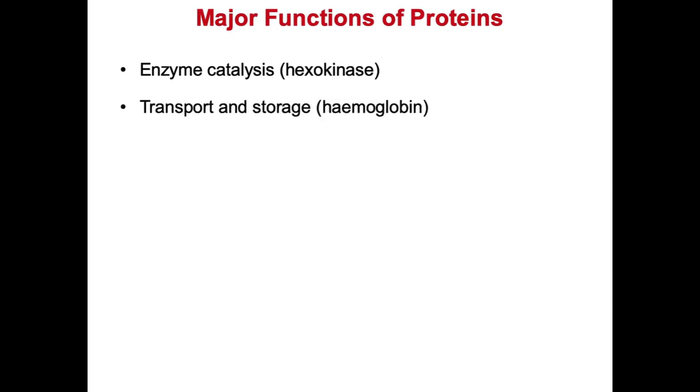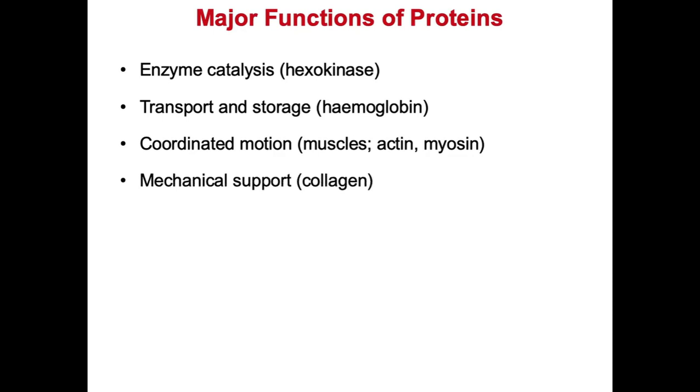Transport and storage. Hemoglobin carries oxygen around your body, and you'll cover this in the lectures relating to blood. Coordinated motion. So without the proteins actin and myosin in your muscles, you wouldn't be able to move. This also provides mechanical support, and here the protein collagen plays a big role.